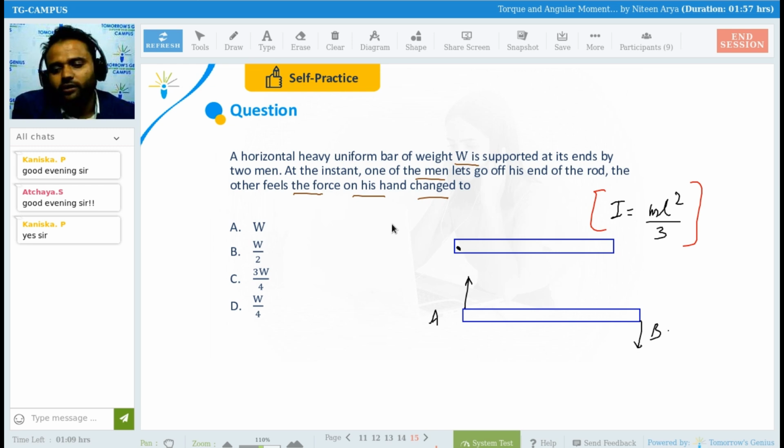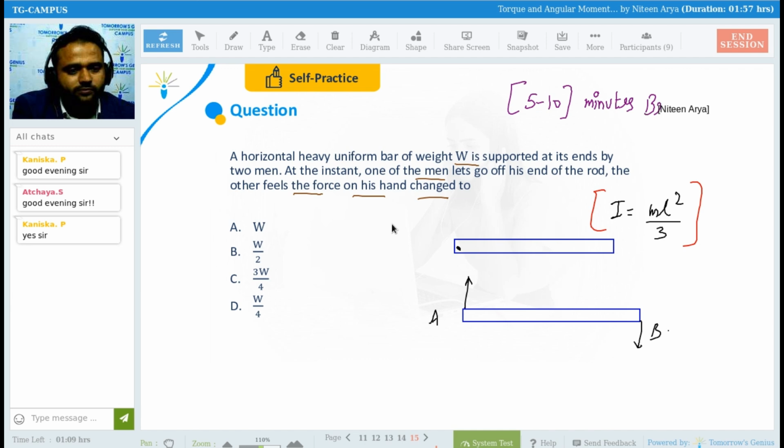Meanwhile, you can think about it and try this question also. There is a break for 5 to 10 minutes.